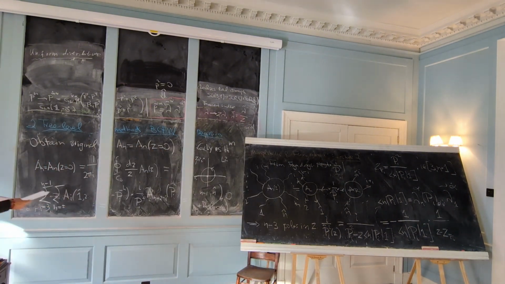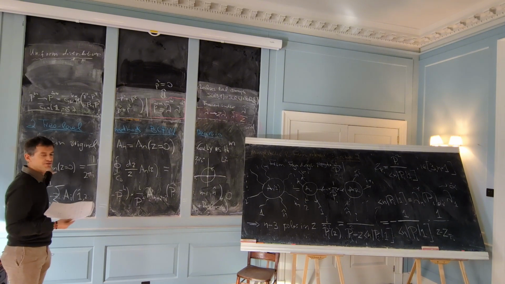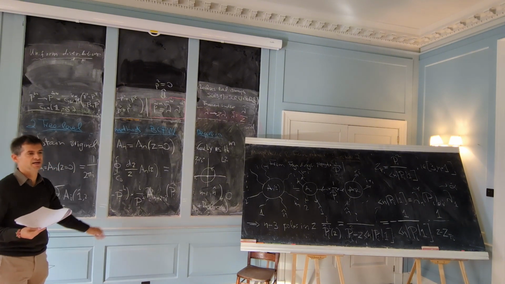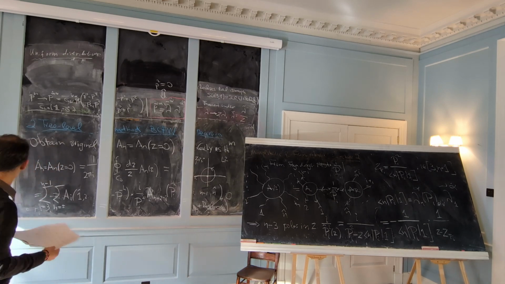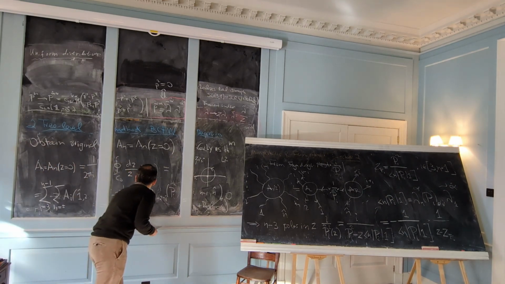Then this formula, this simple complex analysis massage of the formula, allows me to write the n particle amplitude as a product of amplitudes with lower length in the end. And so this is the BCFW formula.